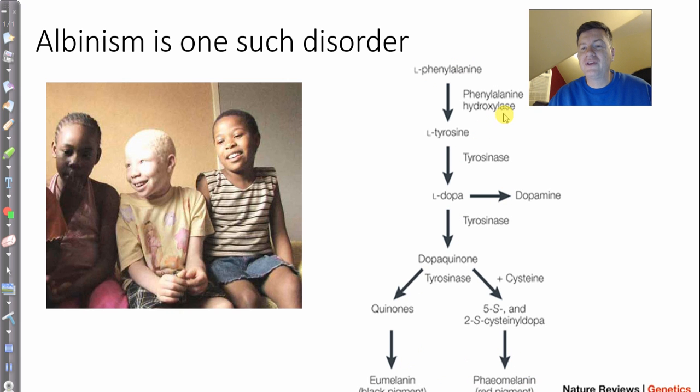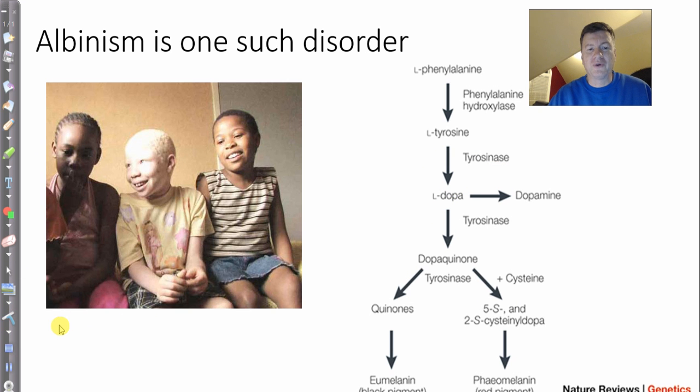If we have all of these enzymes, you see the ASEs, and everything goes according to plan, that is, according to these metabolic pathways, we produce the black and red pigments that we associate with melanin, and someone is of quote-unquote normal coloration. However, if there's a genetic disorder where, for example, this enzyme is not functional, then all these other pathways don't happen, the melanin is not produced, and someone has albino characteristics.